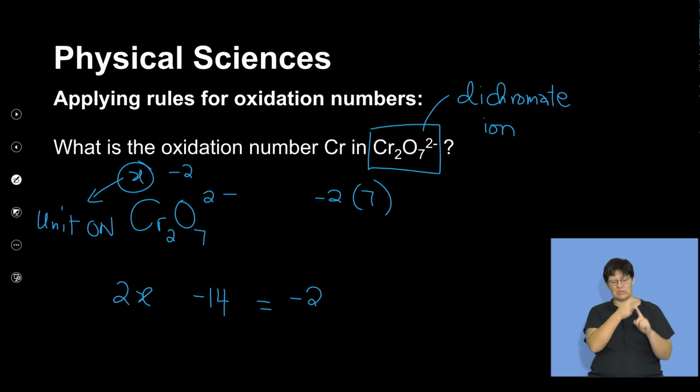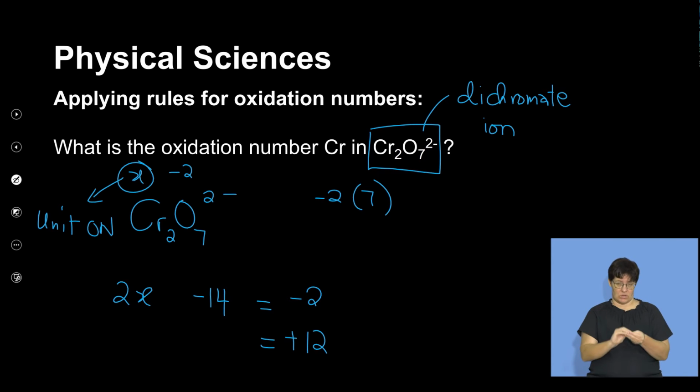So if we simplify this and transpose, it's going to give us negative 2 plus 14, which is positive 12. So this positive 12 is actually the total.